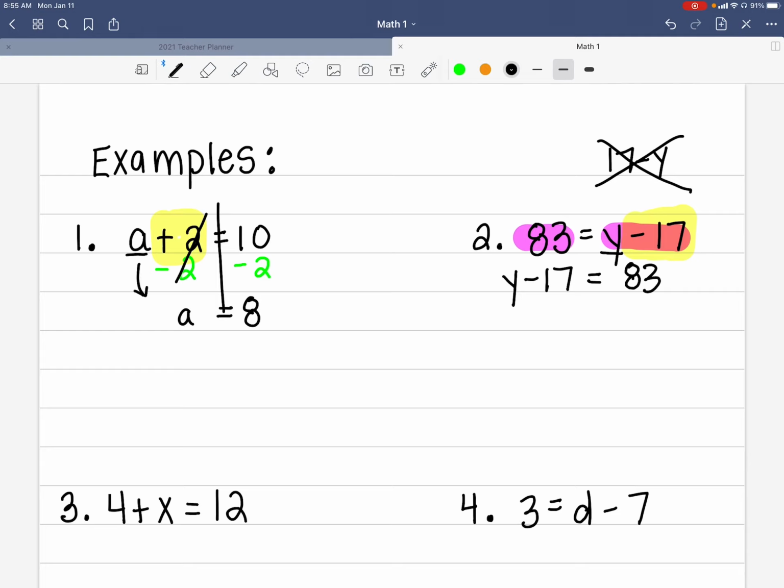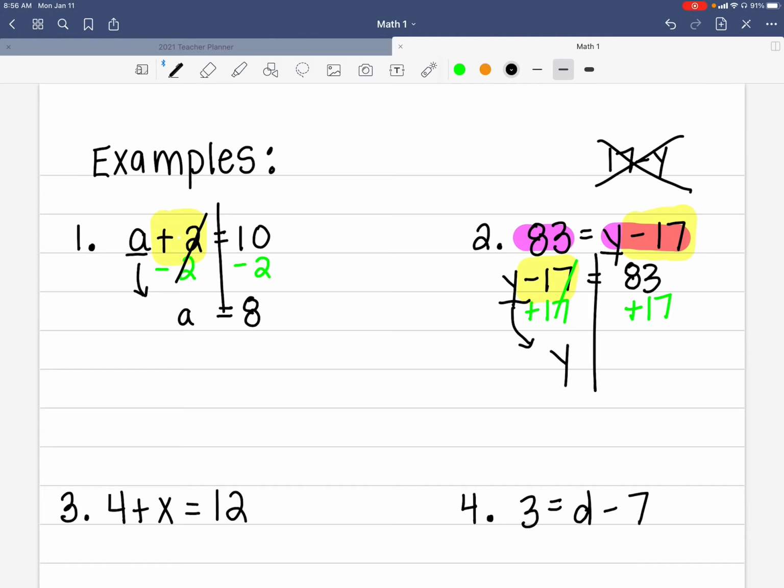All right, so again, we are going to solve for y, but we have minus 17. The opposite of minus 17 is we're now going to add 17. If I add 17 to this, that is going to get rid of my minus 17. So I'm going to bring y down.